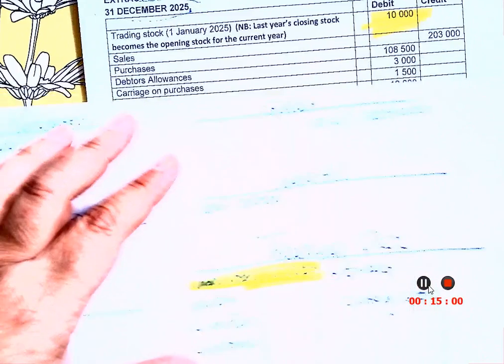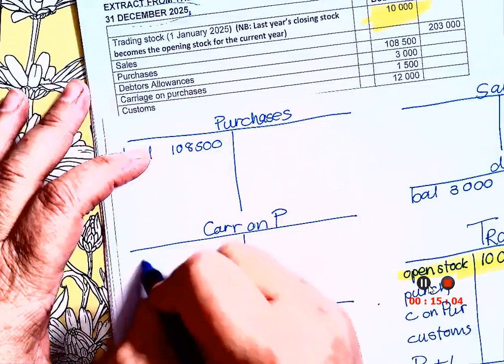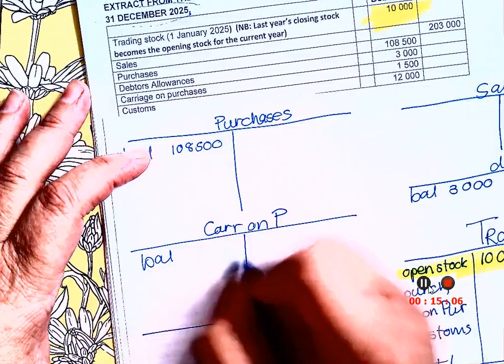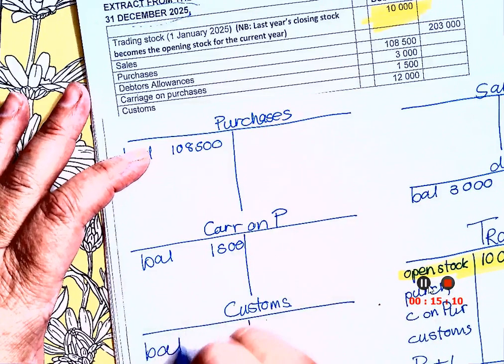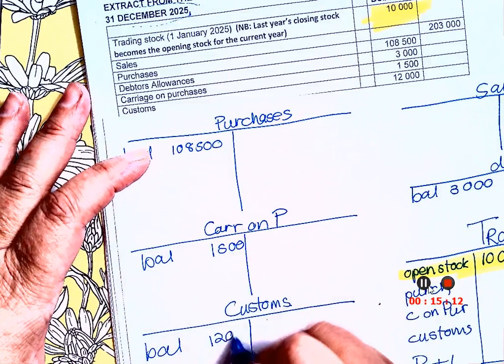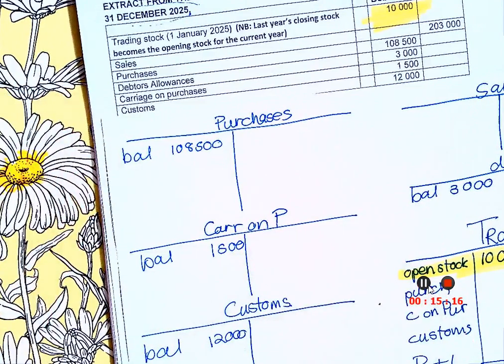Carriage on purchases, I have a balance 1,500 and customs 12,000. Now remember, carriage on purchases is the carriage or the transport my business pays to get the stock to us. So we make it part of the cost price.